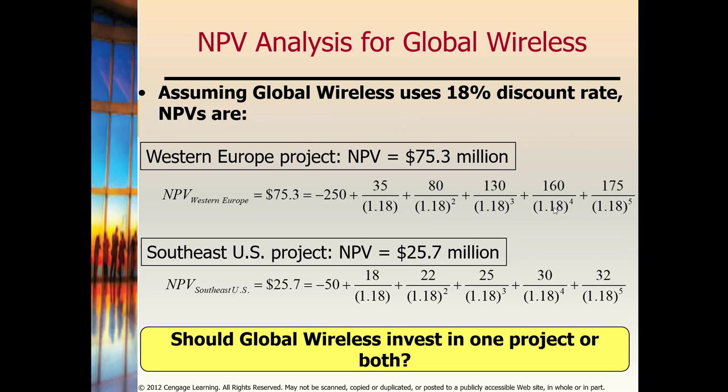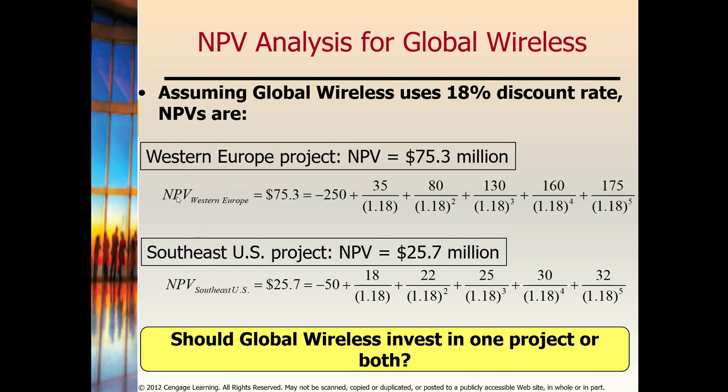Again, we're using Global Wireless as an example to show you how to apply the net present value to compare two proposals. One is a Western Europe project, and the other is a small scale project in the Southeast US.